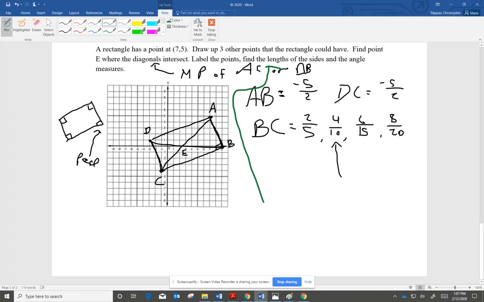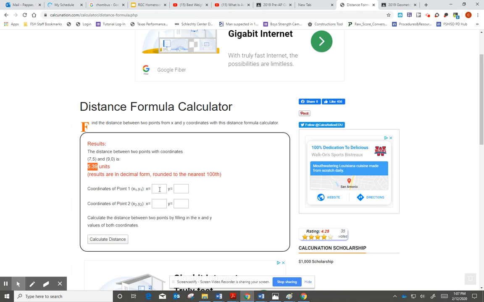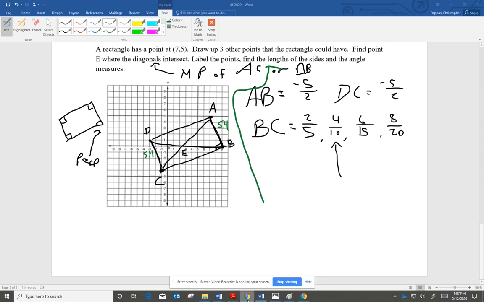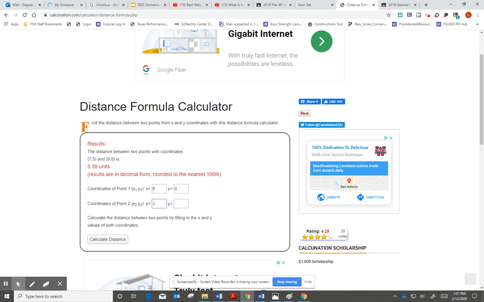Okay, so from A to B, we can call that 5.4. Now BC: we have 9, 0, and then 1, negative 4. Is it negative 1? Negative 1, negative 4, excuse me.